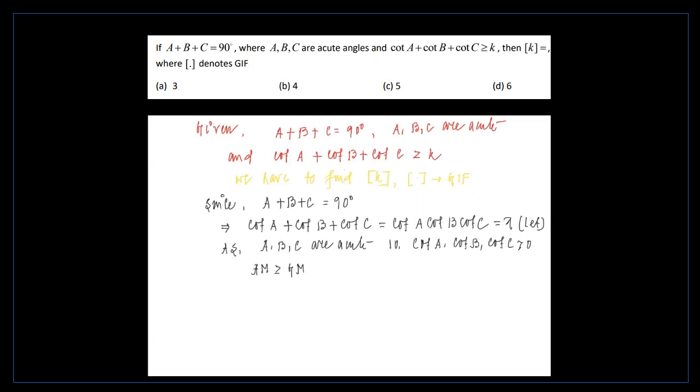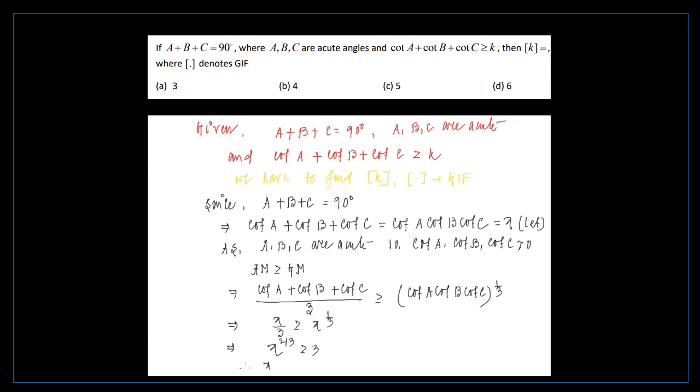For that, we can say that (cot A plus cot B plus cot C) whole by 3 is greater than or equal to (cot A, cot B, cot C) to the power of 1 by 3. Now the value of cot A plus cot B plus cot C, which we have taken as x, is greater than or equal to x to the power of 1 by 3. Now from this we can say that x to the power of 2 by 3 is greater than or equal to 3, and therefore x is greater than or equal to 3 root 3.